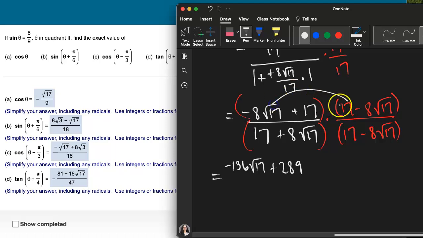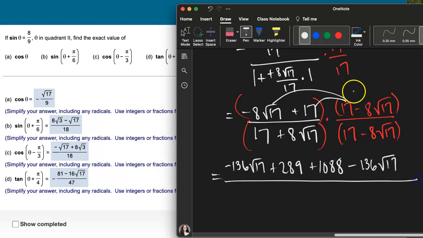All right, so that's just distributing here and here. So now let's do the same with the second term. Okay, and again, that was distributing here and here. All right, so I do the same thing with the denominator.